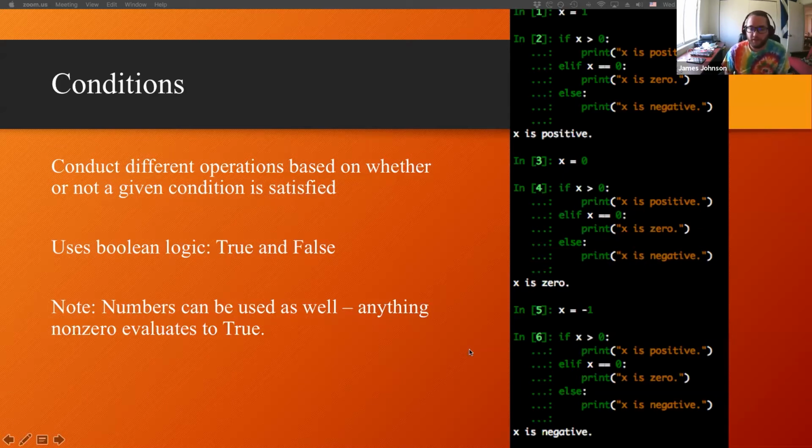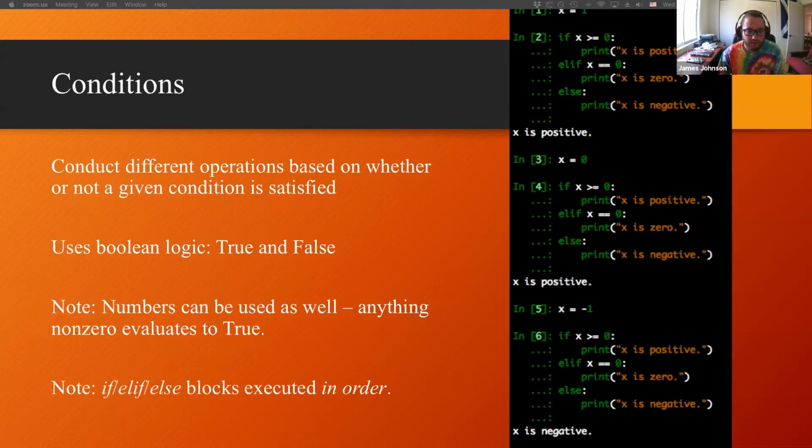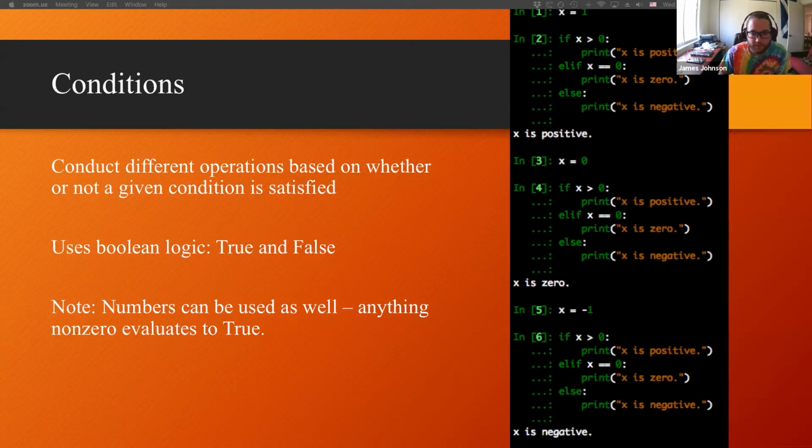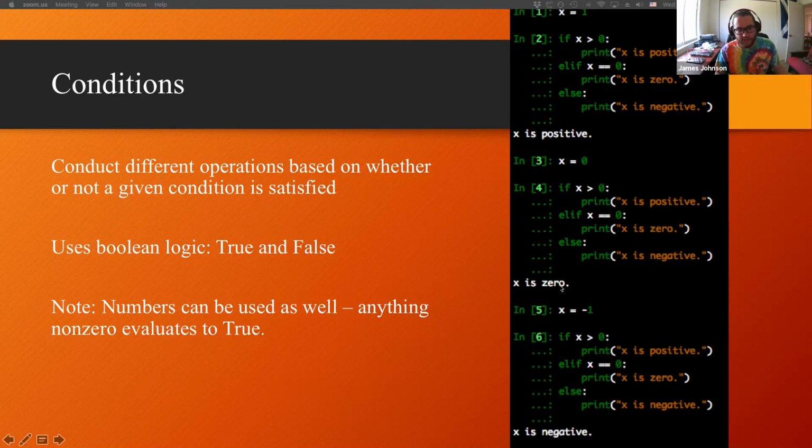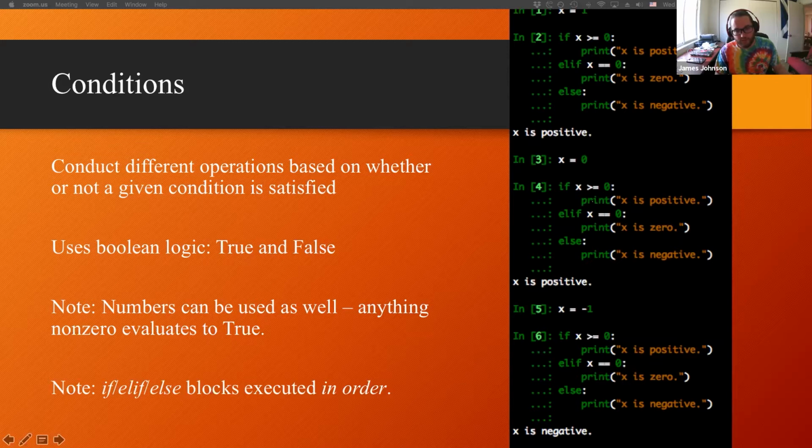A caveat for these types of conditions is that only one will execute. So I'll toggle back and forth between these slides. Note the difference in this first condition, where I've switched the greater than to a greater than or equal to 0. And now, rather than this second block printing x is 0 as it did before, it prints x is positive.